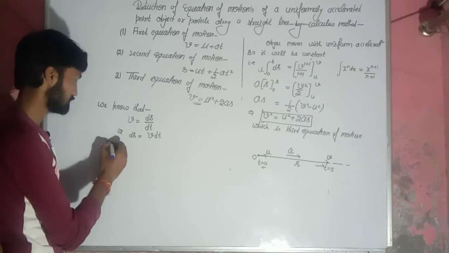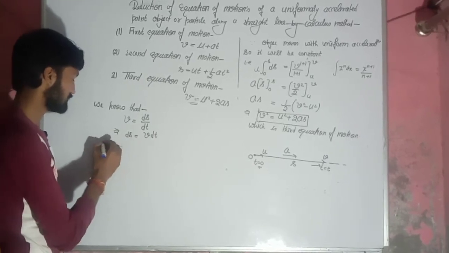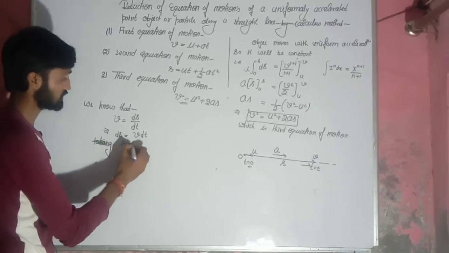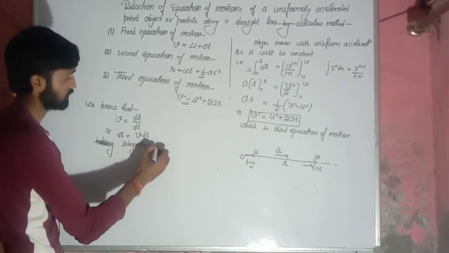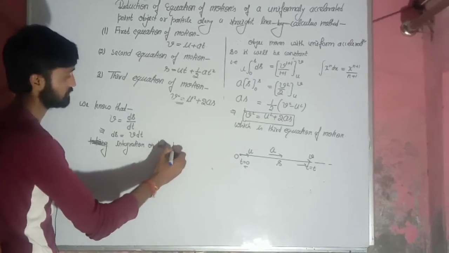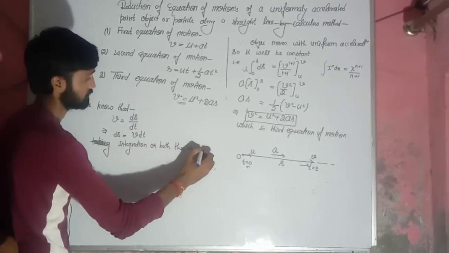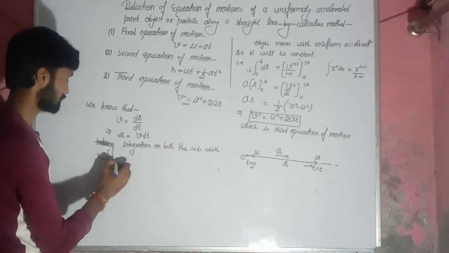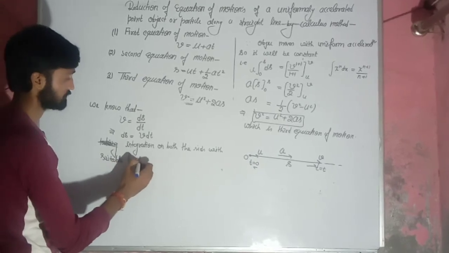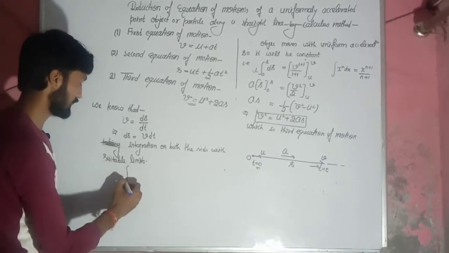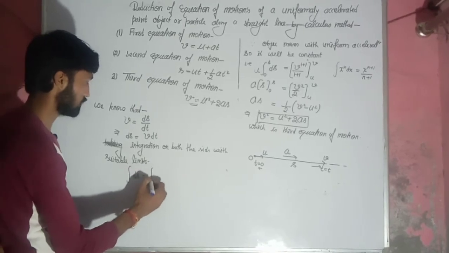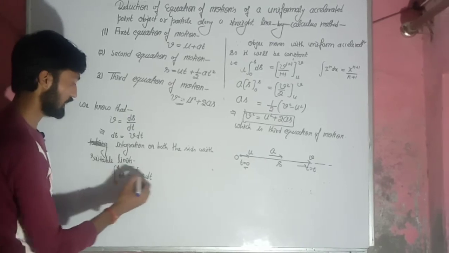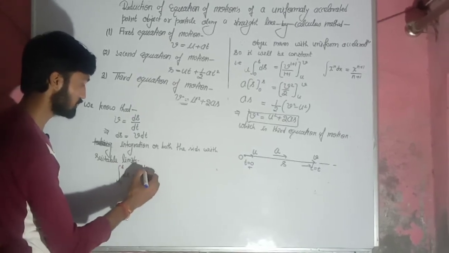Now taking integration on both sides with suitable limits. Then it will be ds equals to v dt, and here the limit of s varies from 0 to s, and here the limit of t varies from 0 to t.